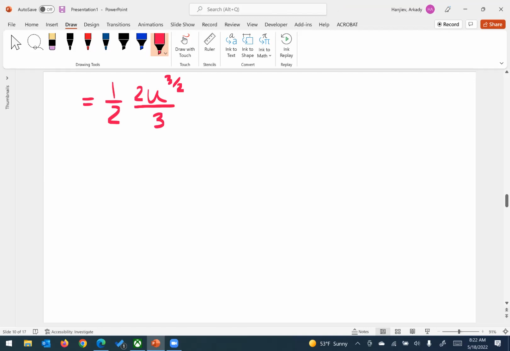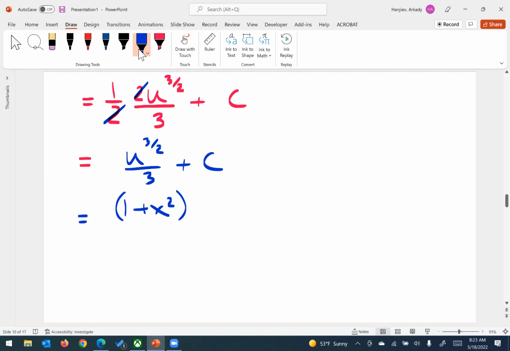All right, we have to put a little plus c in there. And we can do this all in one step. I usually like to simplify first before I plug stuff in. So that 2 and that 2 cancel off. It's got u to the 3/2 over 3. Now it's just over 3. That's cool. And then back substitute what we have, 1 plus x squared to the 3/2 over 3.